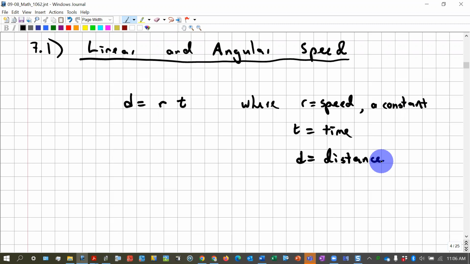So if I'm driving on the highway and I set my cruise control at 65 miles an hour and I travel for exactly 3 hours, that's exactly 195 miles along the road.